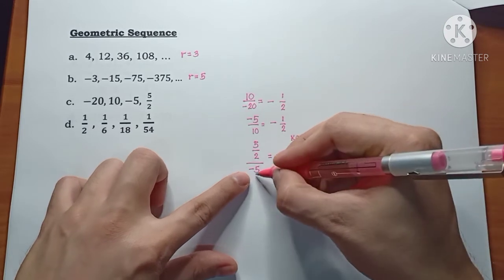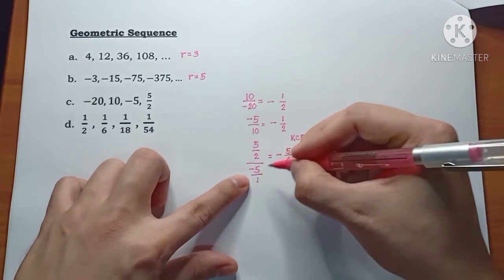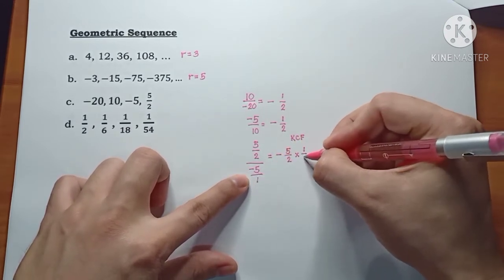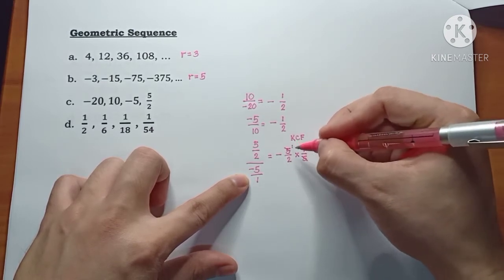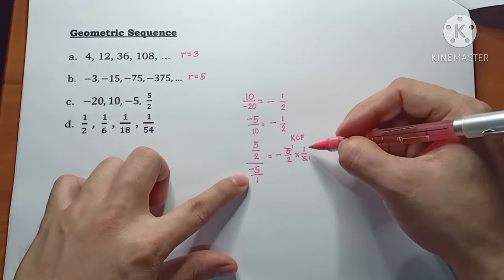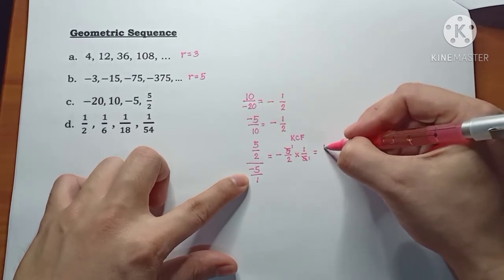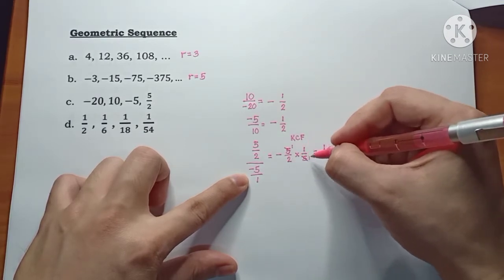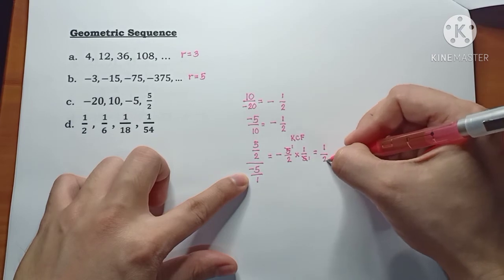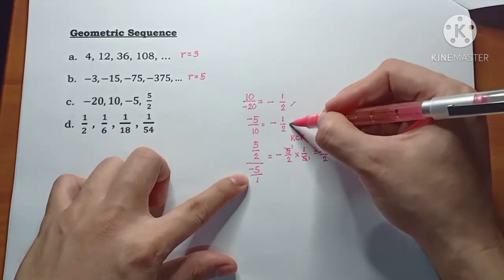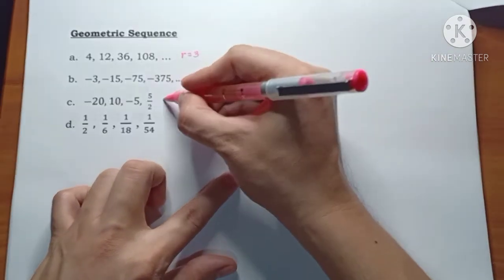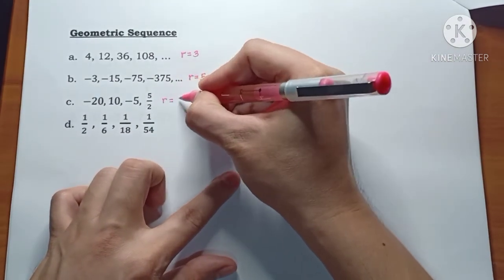And then, i-flip natin kasi ito naman ay may denominator na 1. So, that is times 1/5. Then, cancel this out. So, 1 times 1 is equal to 1. And then, 2 times 1 is 2. And then, meron tayong negative. Kaya naging negative 1 half. Kaya pare-pareho sila ng negative 1 half. So, therefore, ang ating common ratio is negative 1 half.